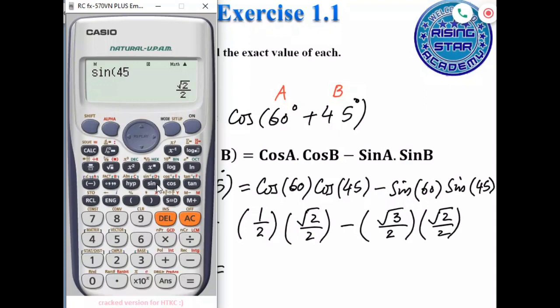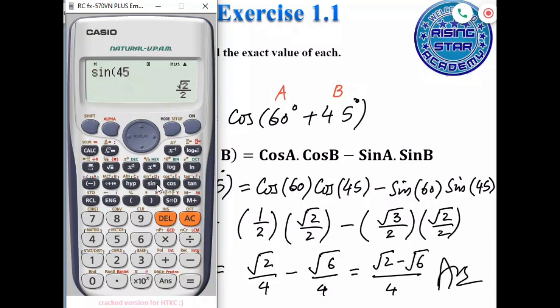Now we will multiply, so that would become square root 2 over 4 minus square root 6 over 4. So take the LCM as in 4, so square root 2 minus square root of 6, that is our final answer. Thank you.